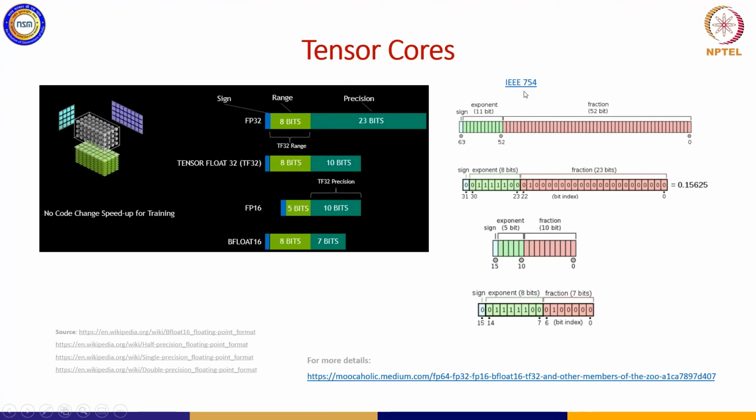We can also look at the IEEE standard for that, which is the IEEE 754 standard. The first one you can see here is for FP64. This is for FP32. Then there's the one for FP16, the floating point 16, and there's the bfloat.